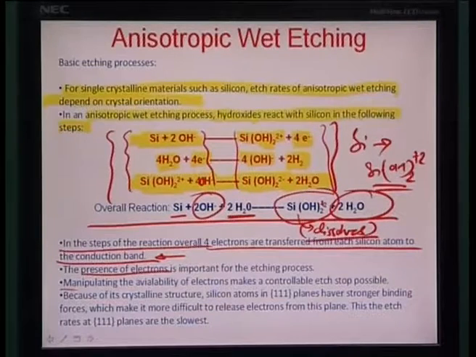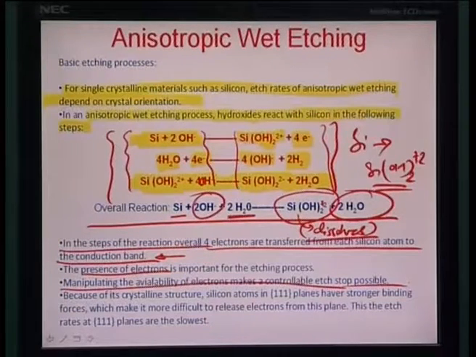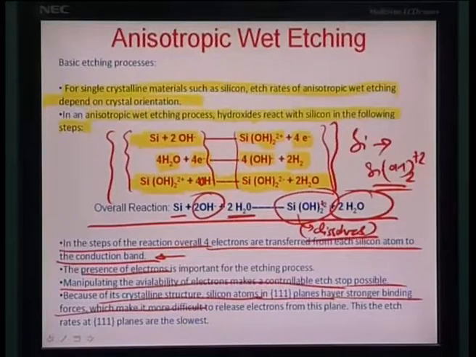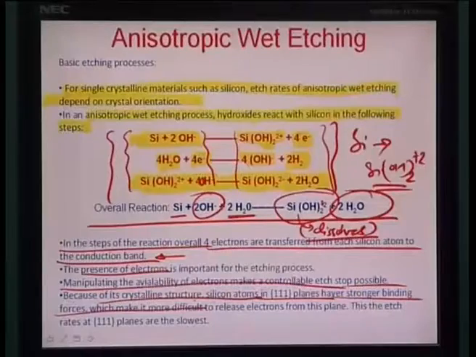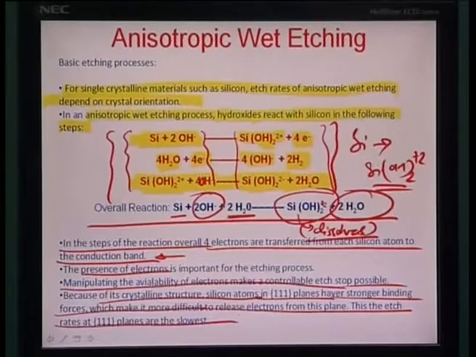Now, manipulating the availability of electrons can make a controllable etch stop possible, and that is because in its crystalline structure, silicon atoms in 111 planes have stronger binding forces, and it makes it very difficult for the electrons to lose their valence band configuration and get into the outer conduction band, so their ready availability is very difficult. Okay. So, thus the etch rates at 111 planes are the slowest possible etch rates, and considering that, eventually the sides of the particular channel get shaped towards the 111 direction, because that is the slowest removal rate or the slowest etch rate.